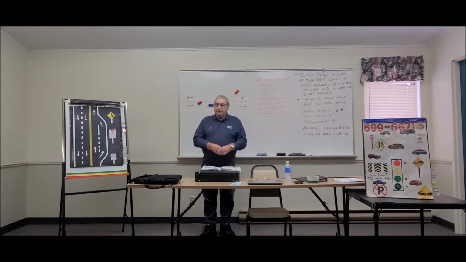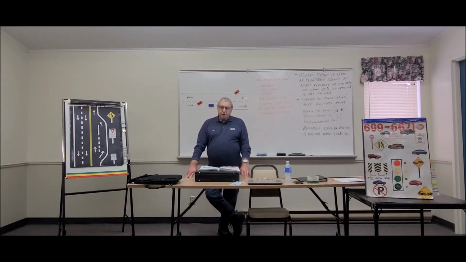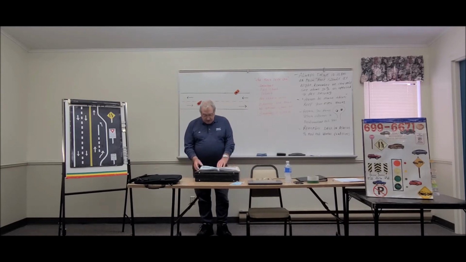And you'll establish your following distance right from the get-go, so to speak, right at the intersection. So that's what they say, count to 3 before you actually move. It gives the driver in front of you time to get away from you in approximately a 2-second following distance. So that's the idea of it there.